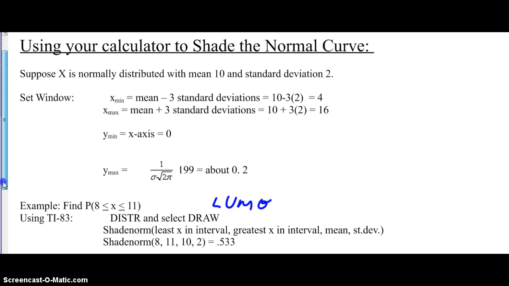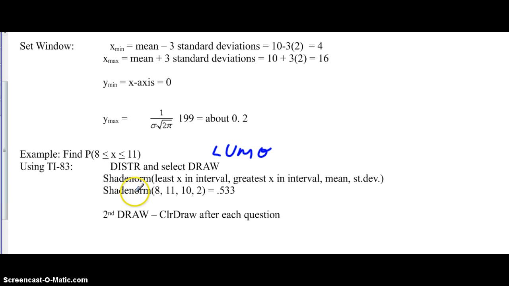And we're going to be using these instructions now once we have our window set up, and it wants us to find the probability of x between 8 and 11. And we're going to be using this distribution and select draw, and then we're going to be putting shade norm in, and you want to put the lower, so L, the upper, and then mean, we have an M here, and then standard deviation is our sigma.